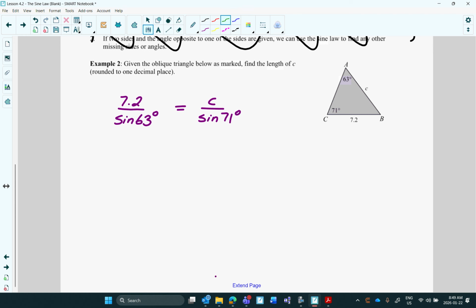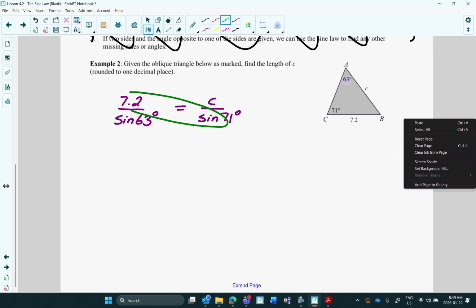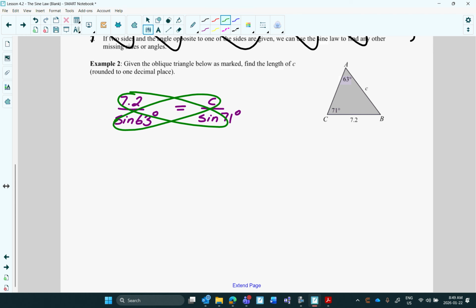Cross multiply to clear out the fractions. And you should be left with C times the sine of 63 degrees equals 7.2 times the sine of 71 degrees, after the cross multiplication.